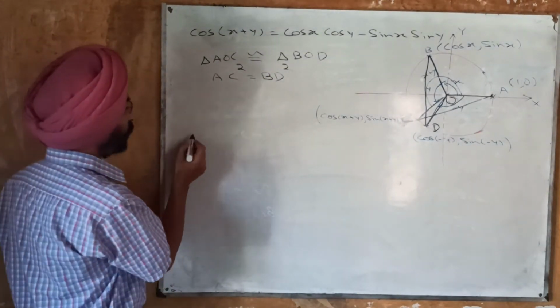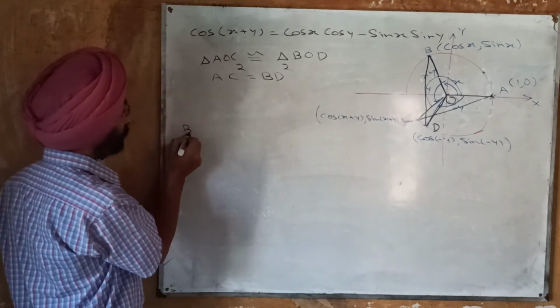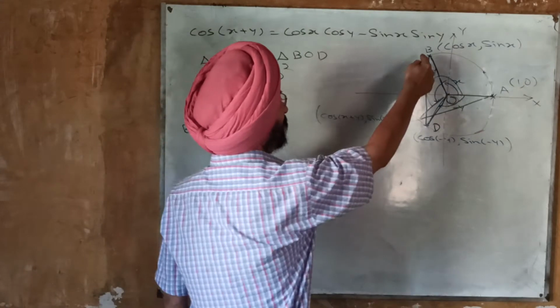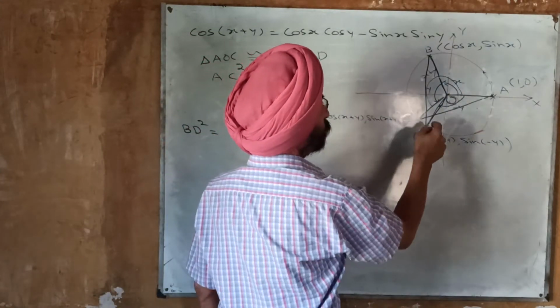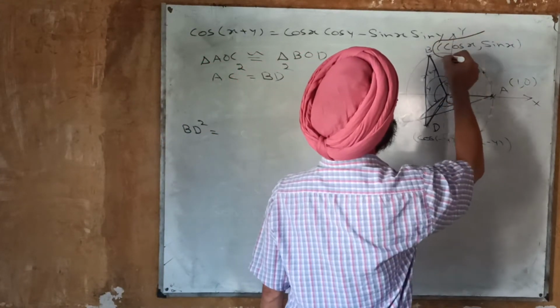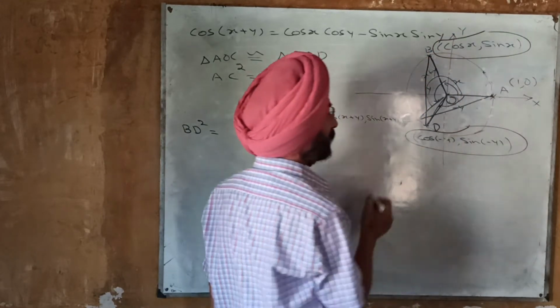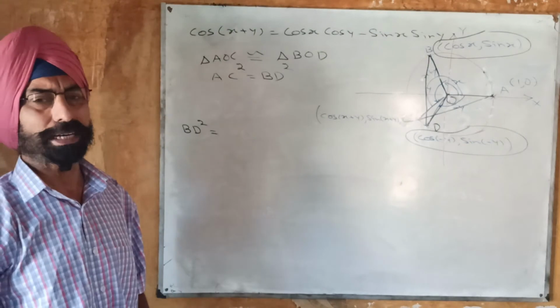Now look at what BD square is. BD is the distance between 2 points, one with coordinates cos x, sin x, the other with coordinates cos(minus y) and sin(minus y).